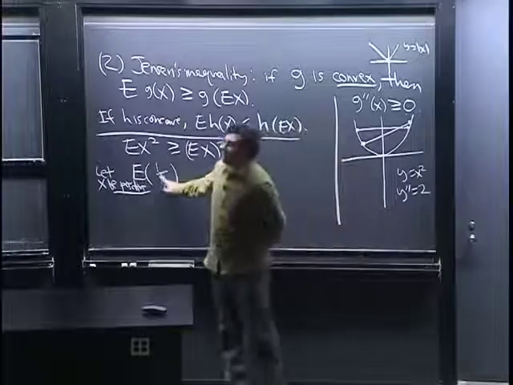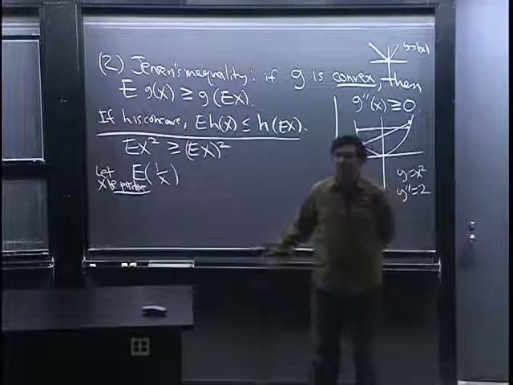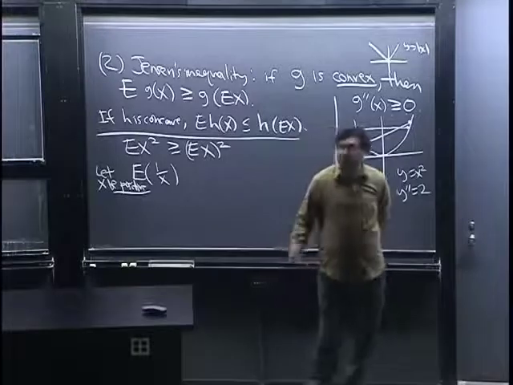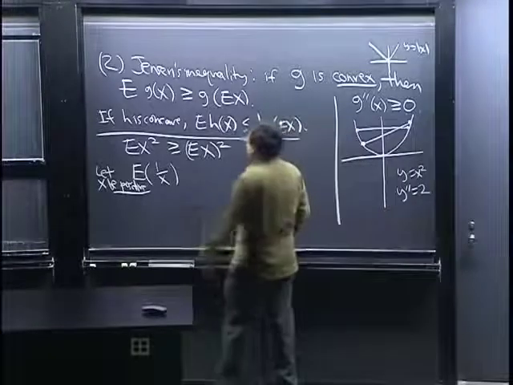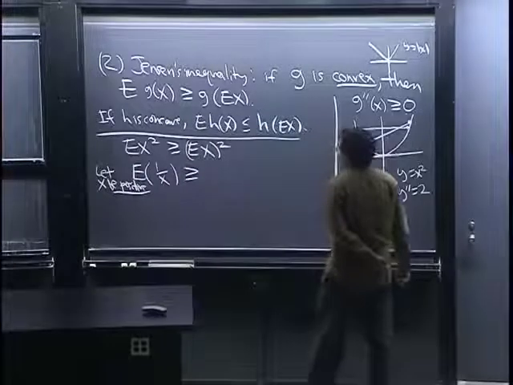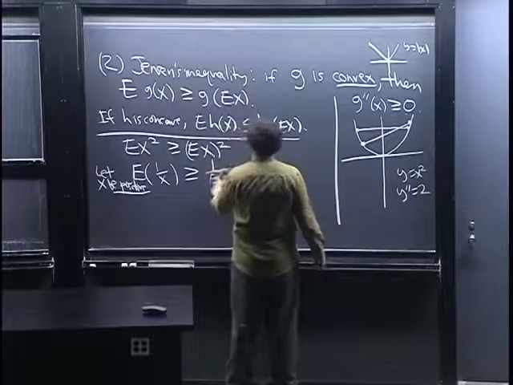That's x to the negative 1. So the first derivative is minus x to the minus 2, and the second derivative is 2 over x cubed. If x is positive, then 2 over x cubed is positive. So this is convex, as long as x is positive. It's convex, and this is greater than or equal to 1 over E of X.